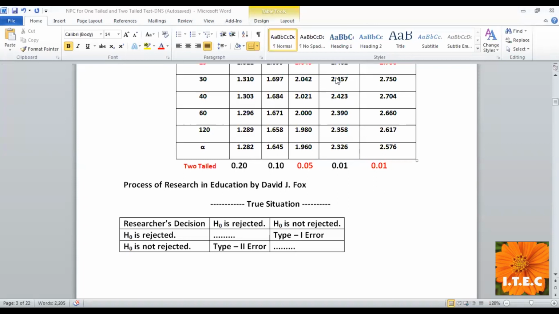Now, with this, I have completed the testing of the hypothesis. Any question you want to ask before I go to the next step?